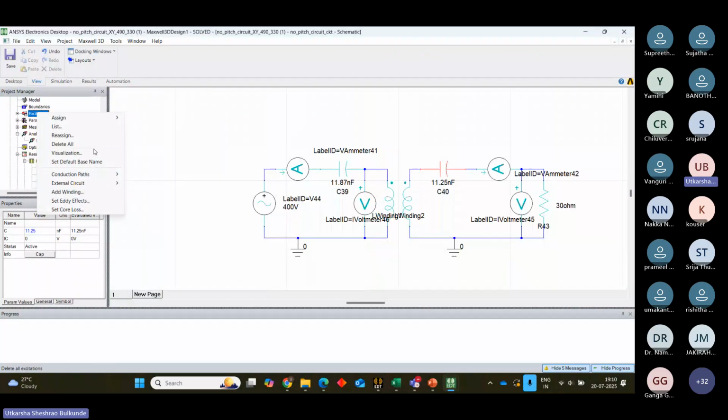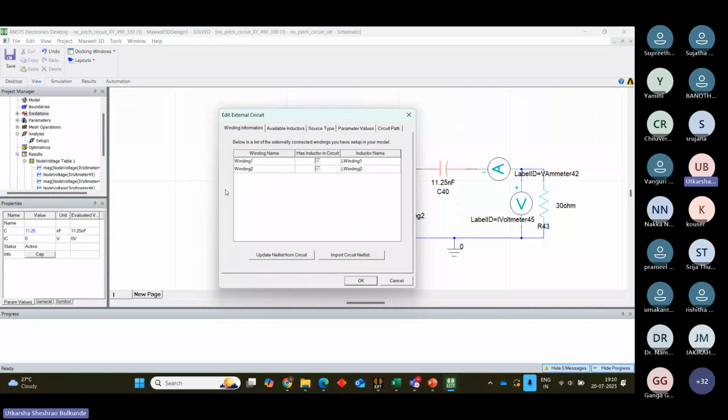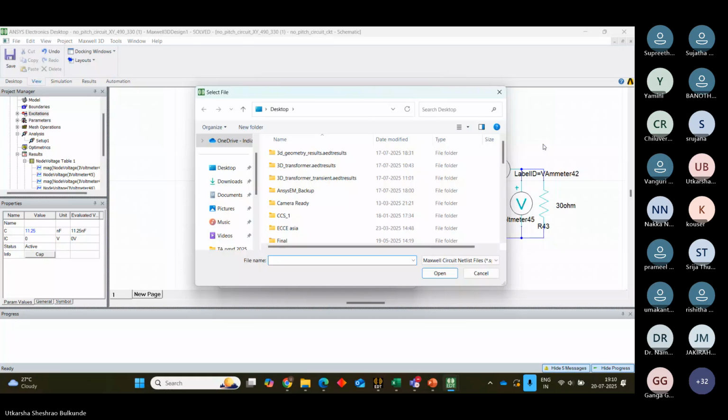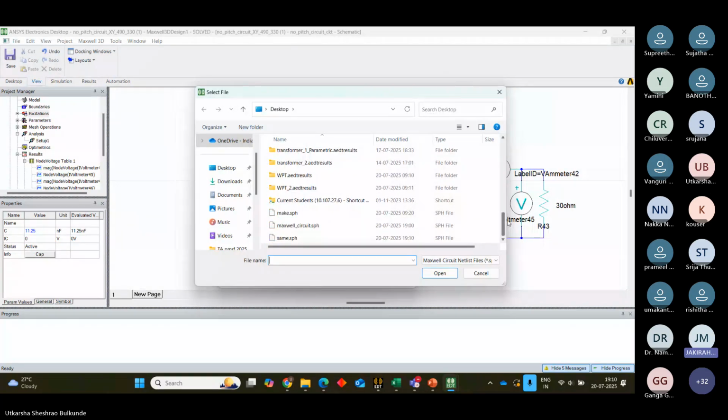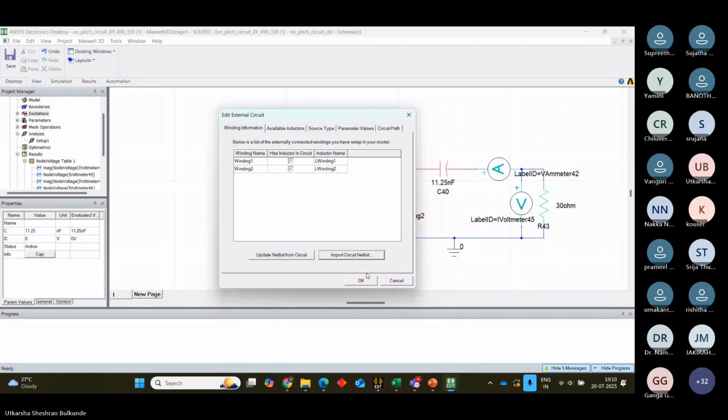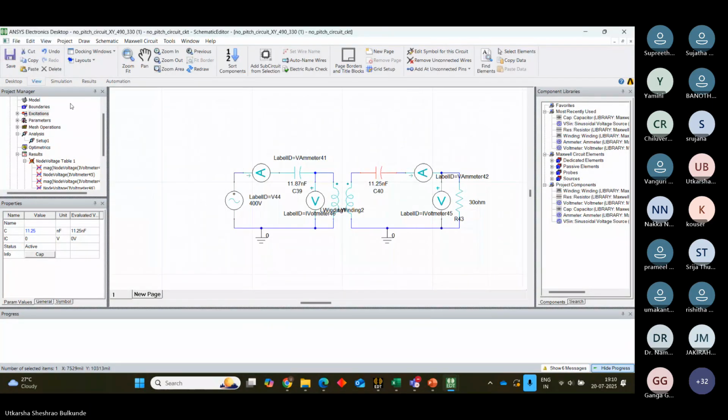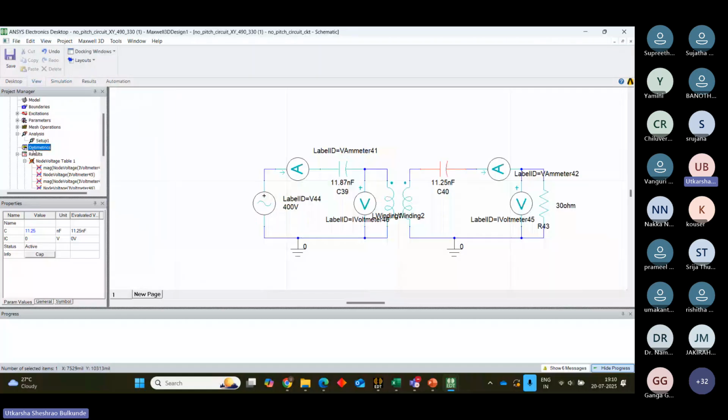Excitation again, edit external circuit. Open that file. Imported. Then this time we will just run the optimetrics also.